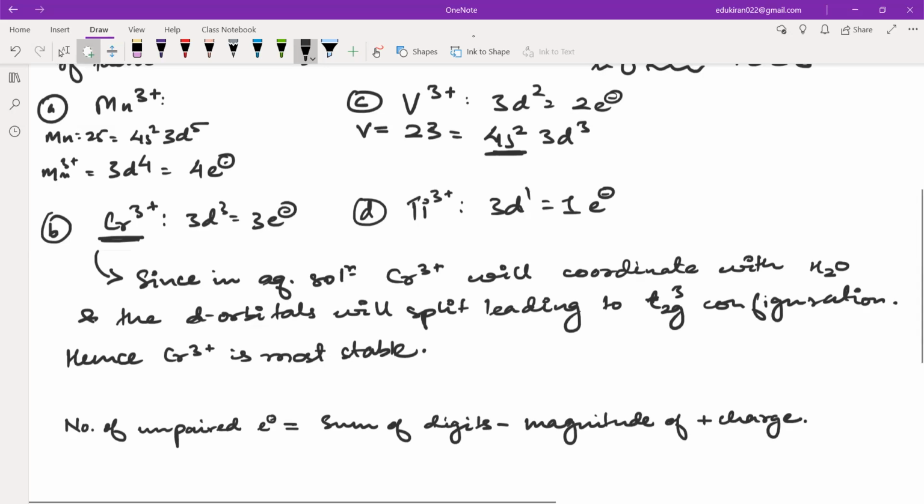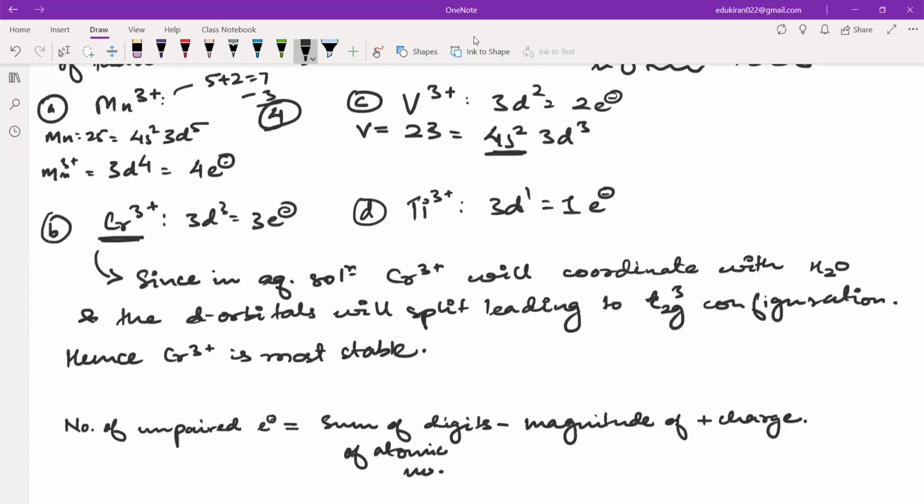Keep this shortcut in mind, okay? The number of unpaired electrons will be the sum of the digits of the atomic number. You can see manganese is 25. So 5 plus 2 is equal to 7, and then minus the charge, that is 3. This will be equal to 4.